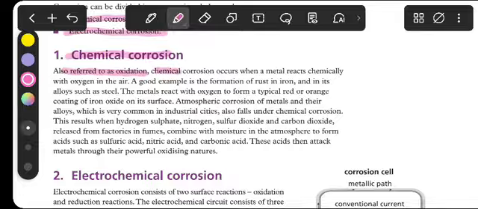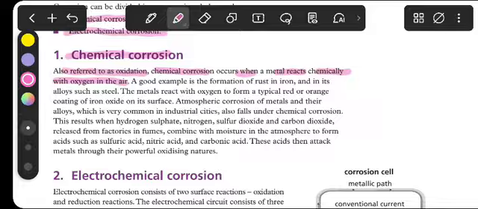Chemical corrosion occurs when a metal reacts chemically, right? You see, what is chemical corrosion? Chemical corrosion occurs when a metal reacts chemically with oxygen in the air. Simple, just like that. That is your definition there.